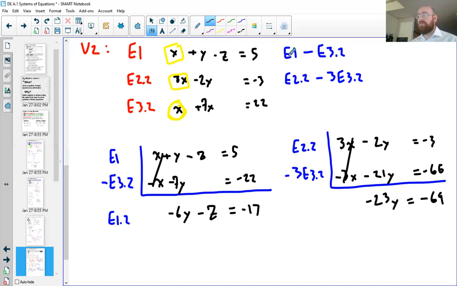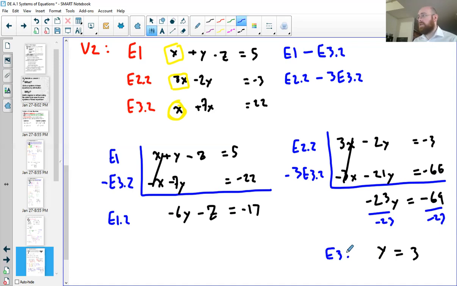Now we can go a step further. Because we only have one variable, we can divide both sides by negative 23. Negative 23y divided by negative 23 is just y. Negative 69 divided by negative 23 is positive 3. So since this evenly divides, we can do it. If it didn't evenly divide, we would want to keep it as is, but that simplifies our equation 3.